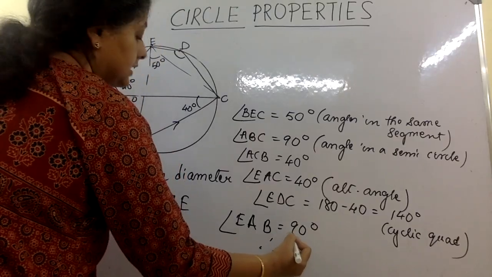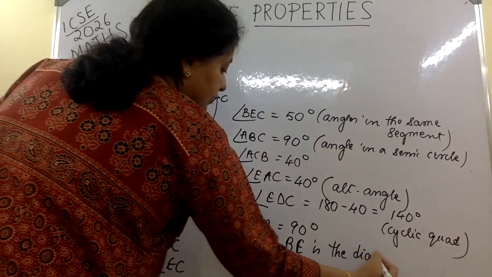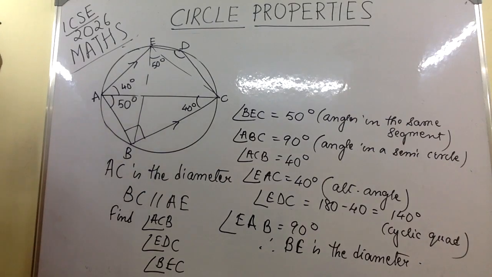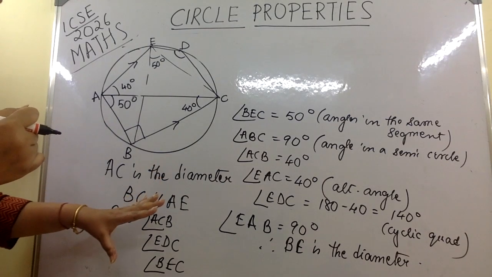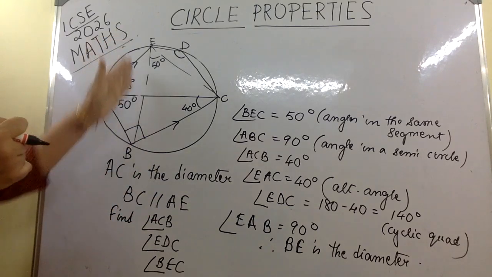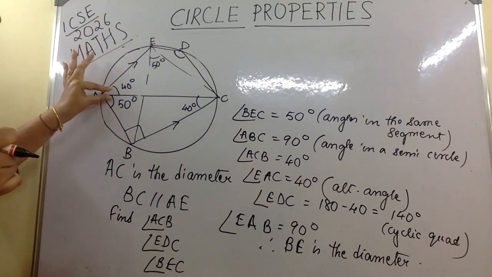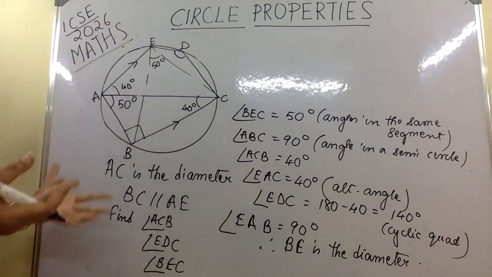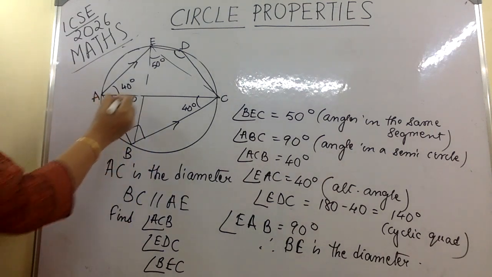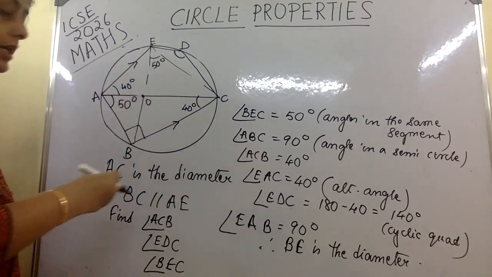Therefore, BE is the diameter. Here this was diameter, so this became 90. Now if this is 90, that means the line BE is also the diameter. And so you can say that this point is the center of the circle. They can frame a question for that also.